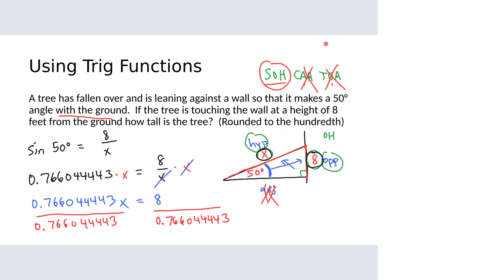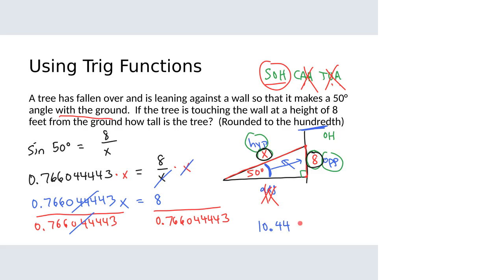On the left, those two things are going to cancel. And on the right, now I've got to do 8 divided by 0.766044443. And when I do that and round to the nearest hundredth, we get 10.44.